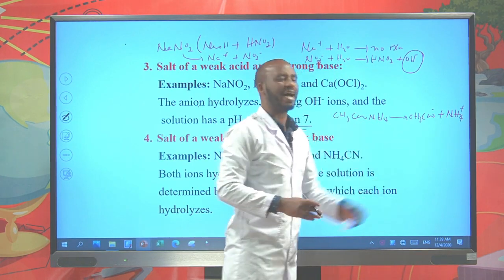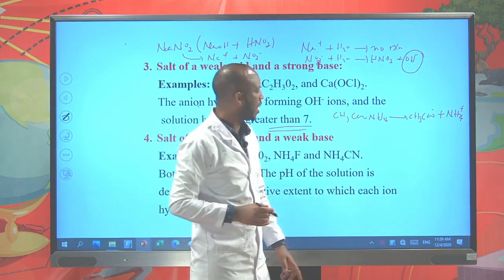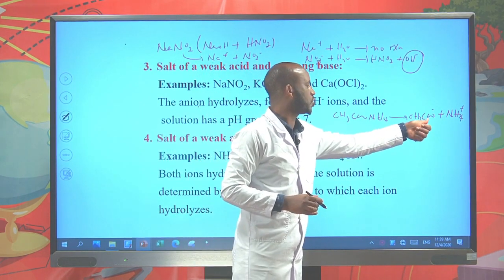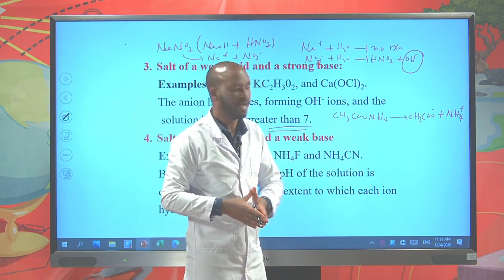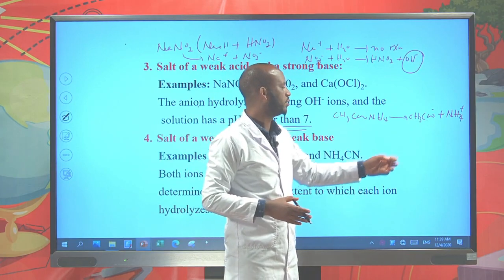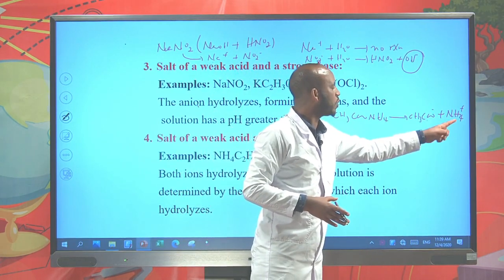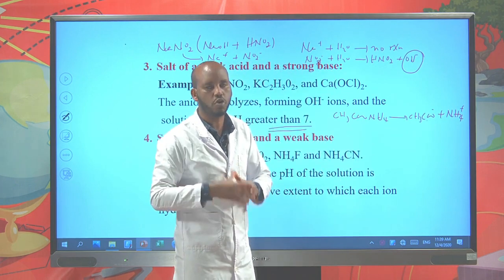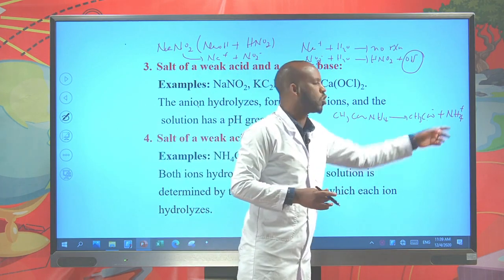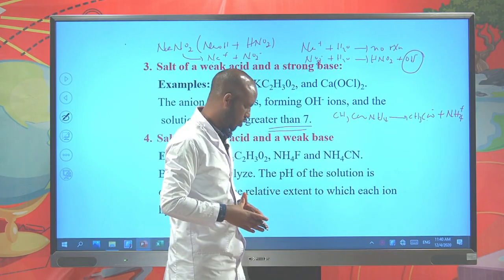Both ions can react with water, can hydrolyze. Acetate is the conjugate base of the weak acid, acetic acid, is relatively strong, and can accept a proton from a donor. NH4 plus is the conjugate acid of the weak base, ammonia, is relatively strong, and can donate H plus to another substance.